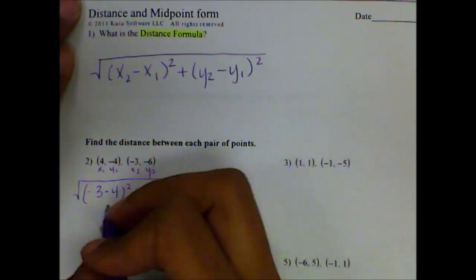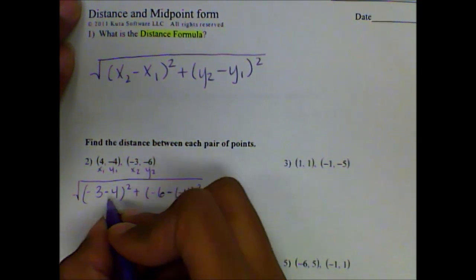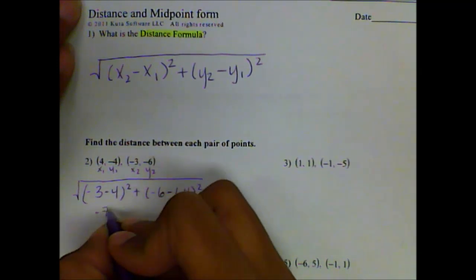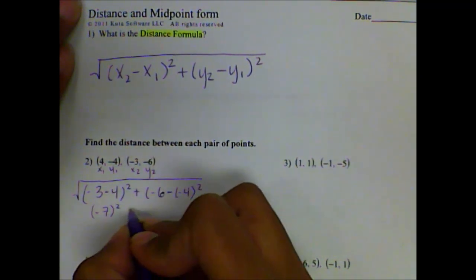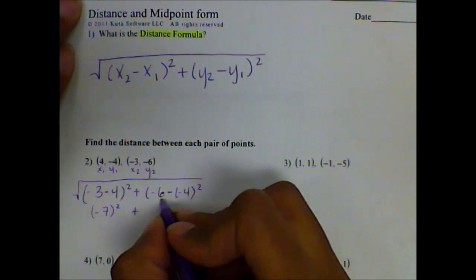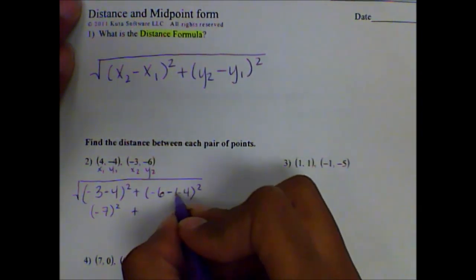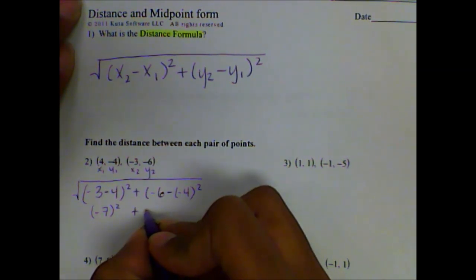Okay, so let's work this first one. Negative 3 minus 4 is going to give us negative 7. And negative 6 minus negative 4 is going to give us negative 2.